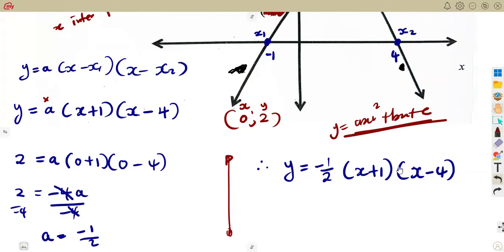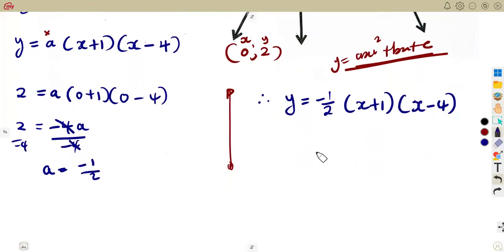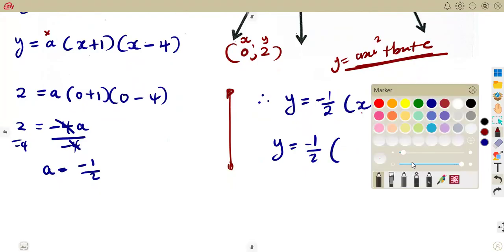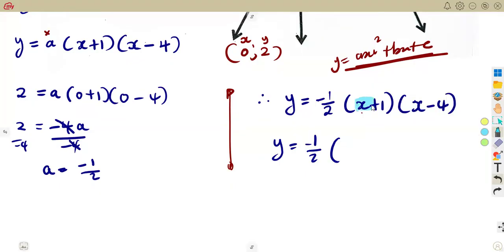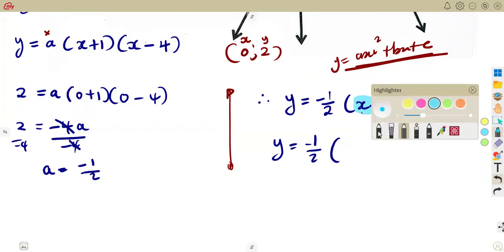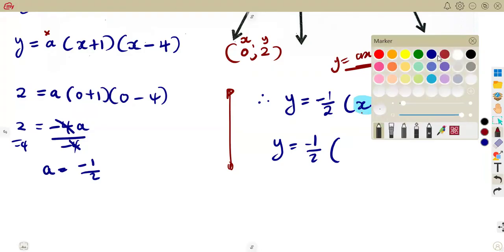All right, so let us expand our brackets. So meaning to say y is equal to -1/2 into what? You're going to expand, remember, by the FOIL method. Let us just have the first bracket expanding the second one. Everything in the first bracket has to expand the second bracket.